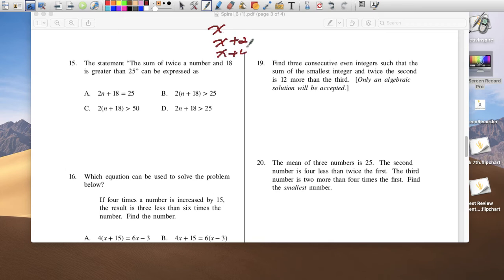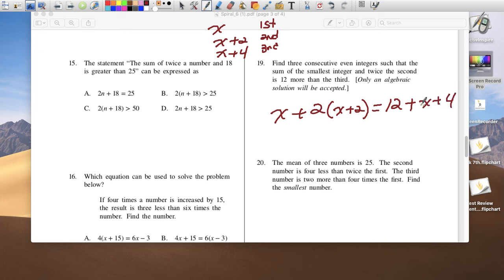The sum of the smaller integer, x, plus 2 times the second, x plus 2, is equal to 12 more than the third, x plus 4. So this is the expression you have to set up.